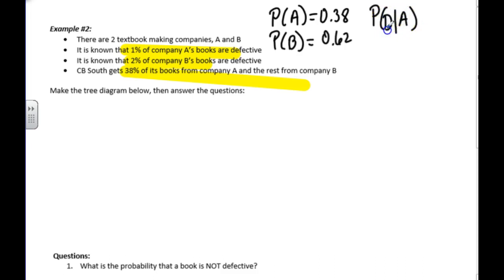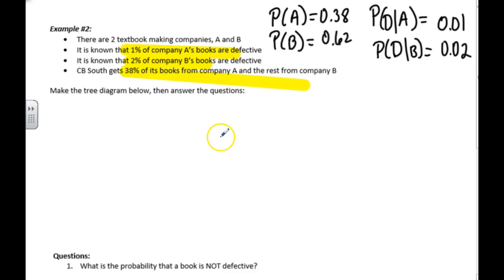It is defective. The percentage that are defective would be 0.01. Likewise, given that it is a book from textbook company B, the percentage defective would be 2%. Again, pay attention to what you have been given.